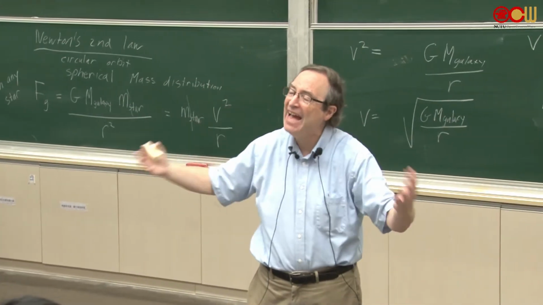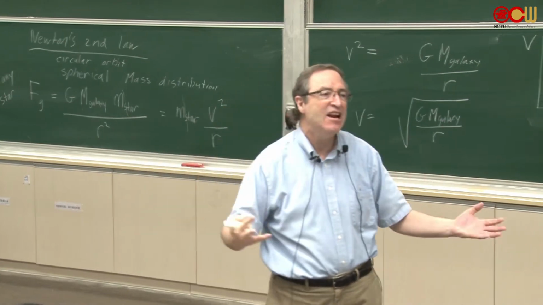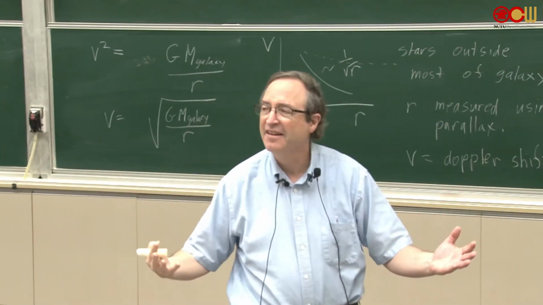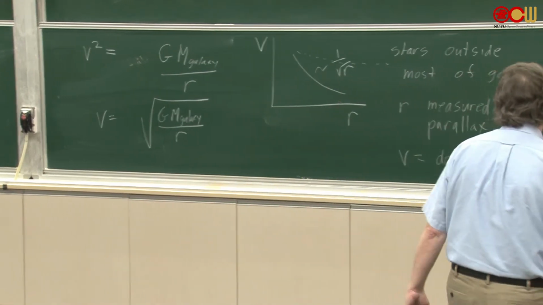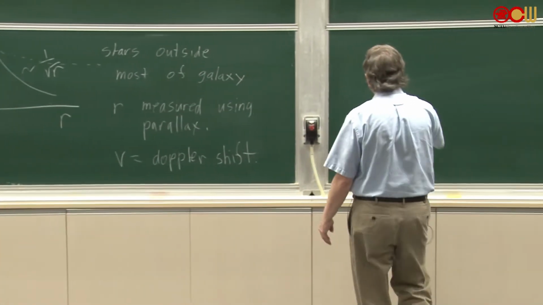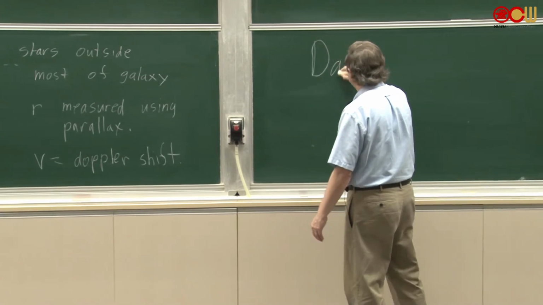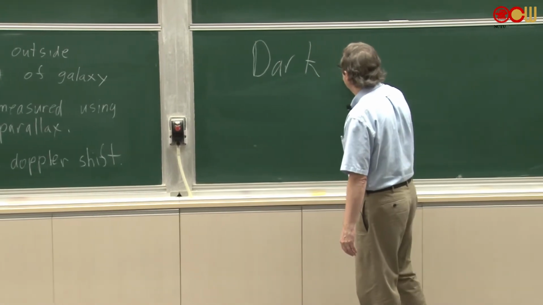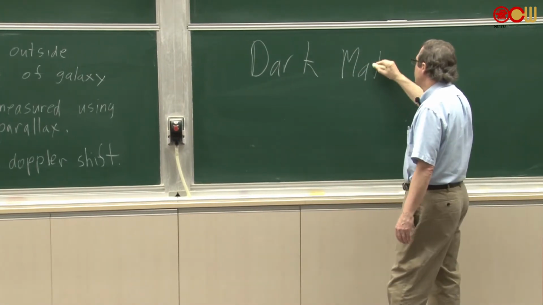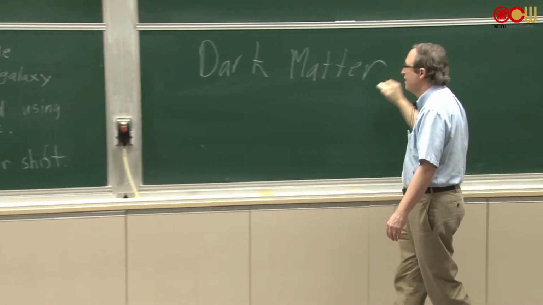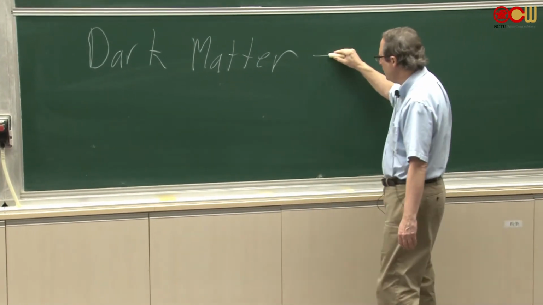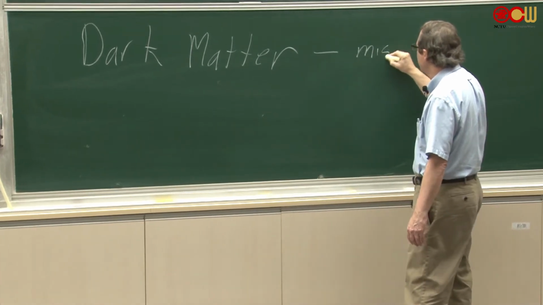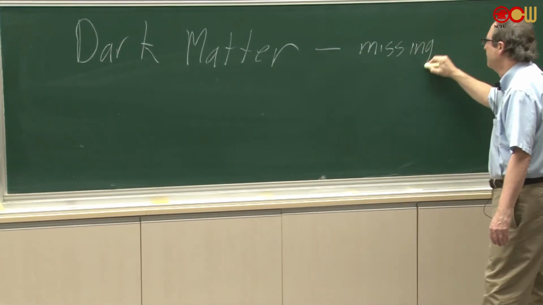And the vast majority of mass in our universe is unseen. And this mass is called dark matter. All right, so this is the dark matter discovered by Vera Rubin in 1975 is when she reported it. All right, so it's the missing mass.